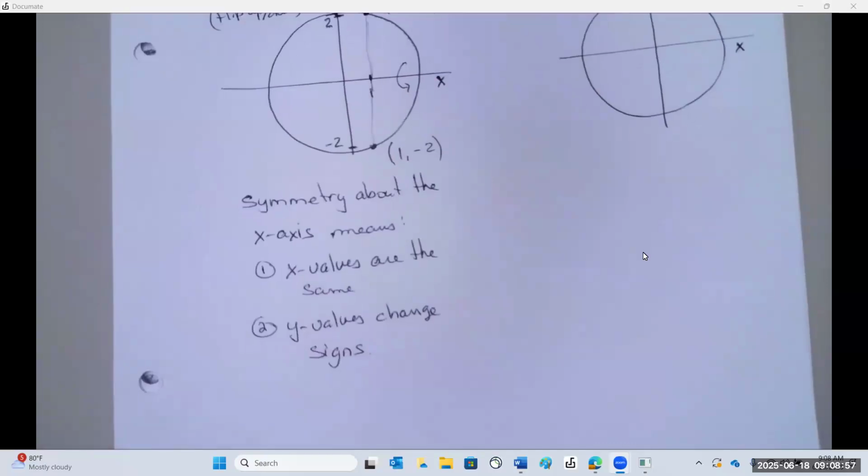All it does is change sign. It doesn't change anything else. It just changes the signs. So that's symmetric about the x-axis.